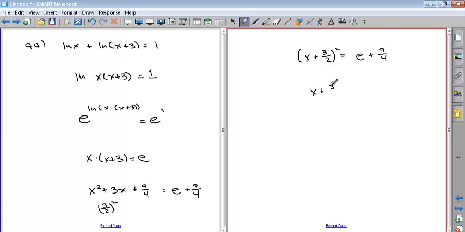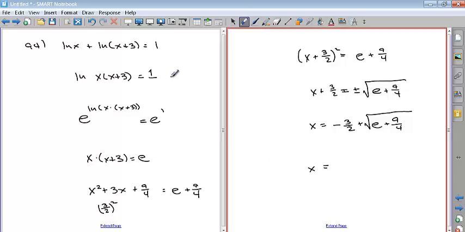Take the square root of both sides, plus or minus the square root of e plus 9/4. X is equal to negative 3/2. And we're only going to do the plus square root because the negative square root is going to give us a negative number, which we found out from the previous problem. It's not one of the solutions because it's going to give you a negative argument.